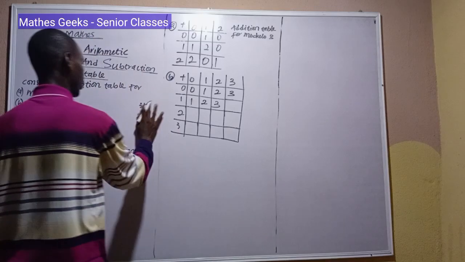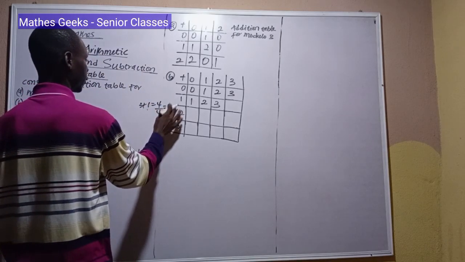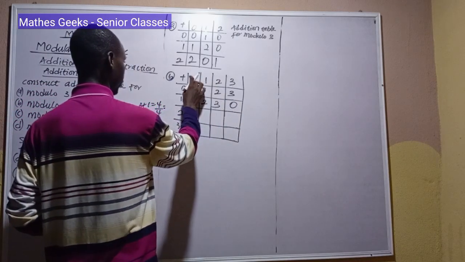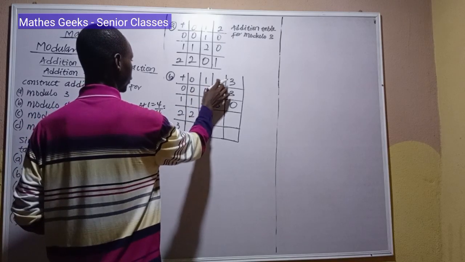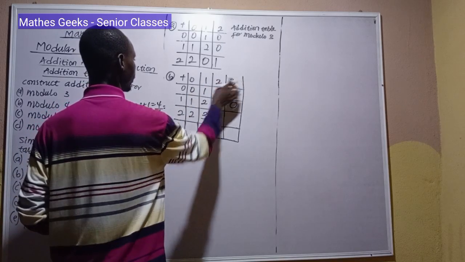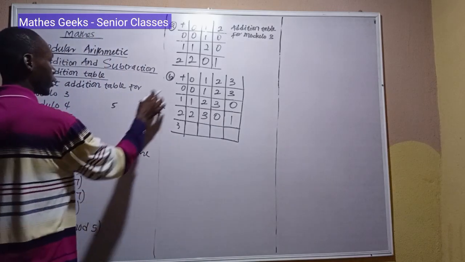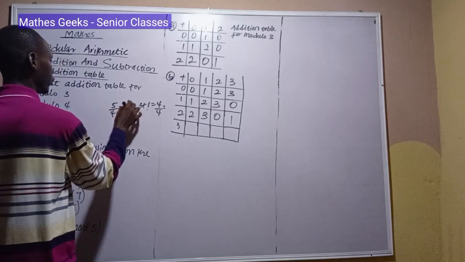So 3 plus 1 is 4. You divide by 4, this is 1, remainder 0. You write your 0 here. And then 0 plus 2 is 2. 1 plus 2 is 3. 2 plus 2, 4, is 0. 3 plus 2 is 5. 5 is greater than 4, and the highest is supposed to be 3. So 5 divided by 4 is 1, remainder 1.